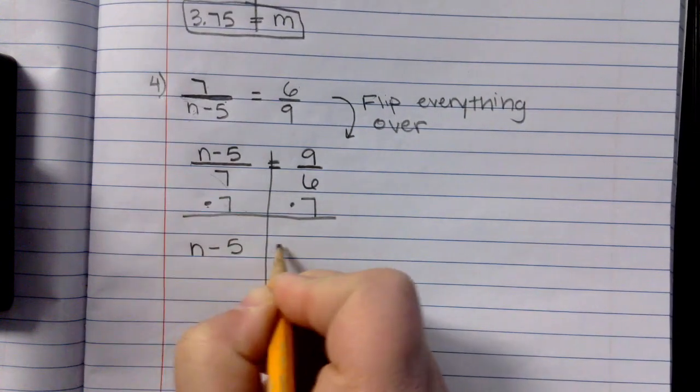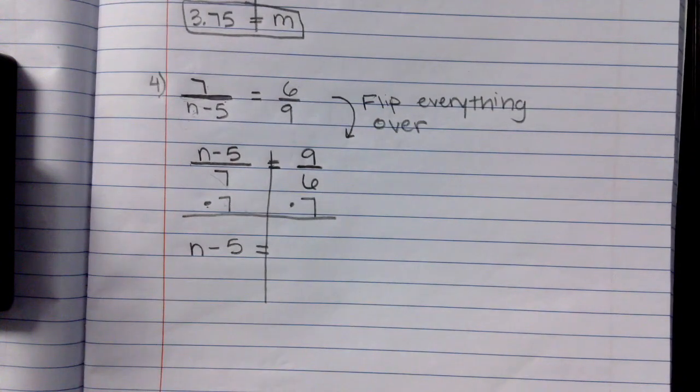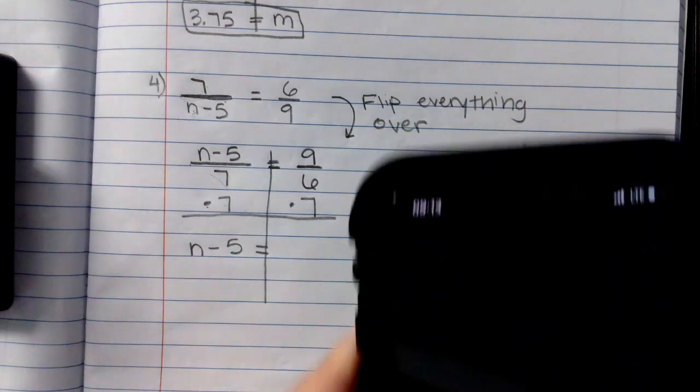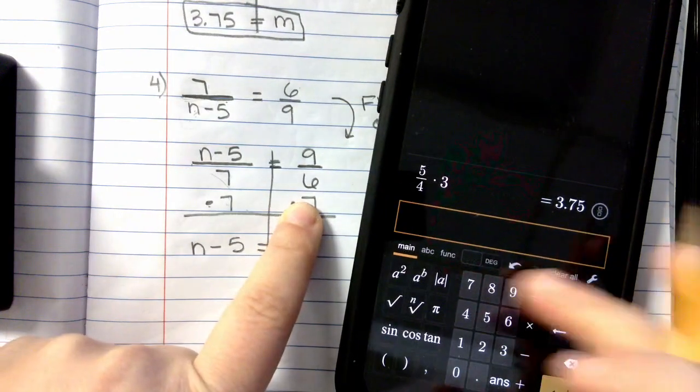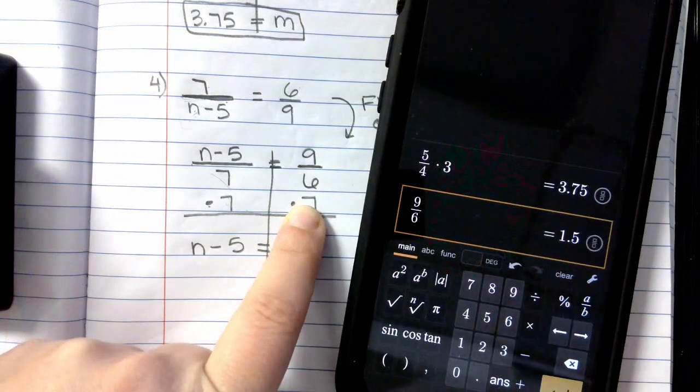We get 10.5. Is it okay that we got a decimal? Yes, we're going to get decimals in this chapter. It's okay. We're going to breathe. It will be fine. Real life is in decimals.